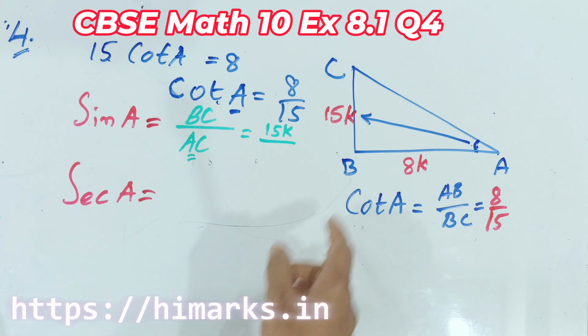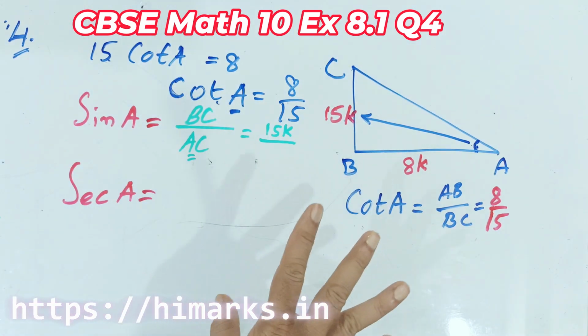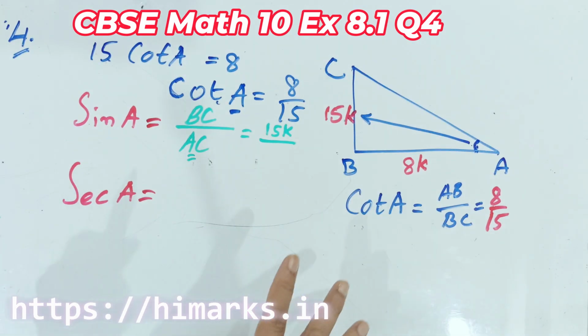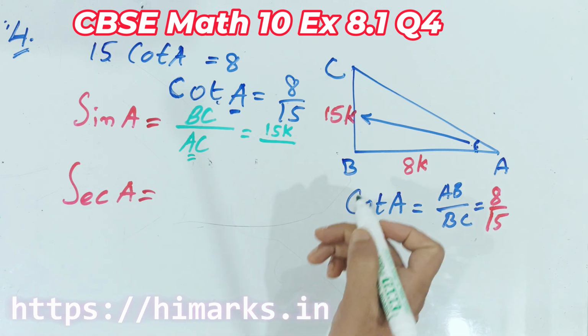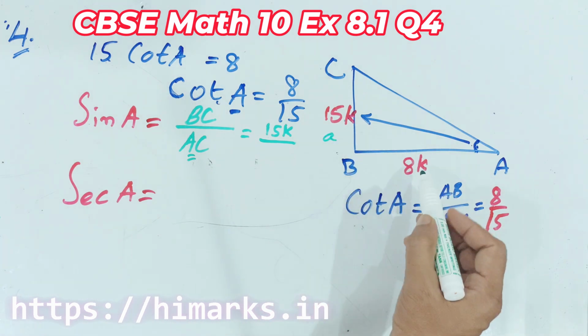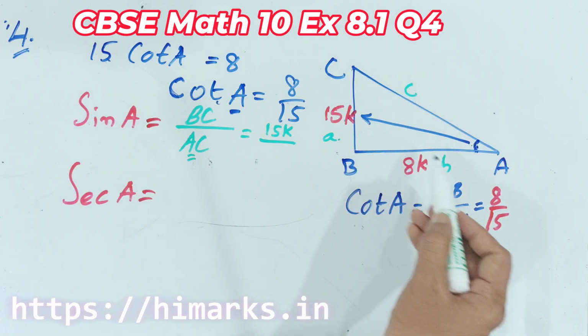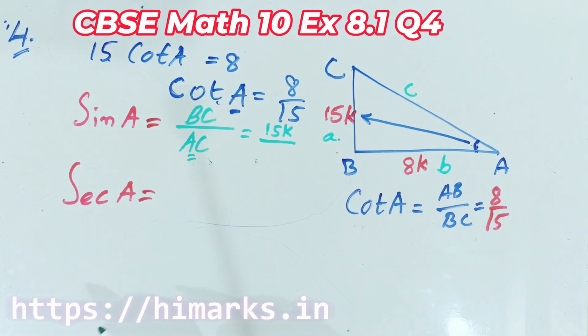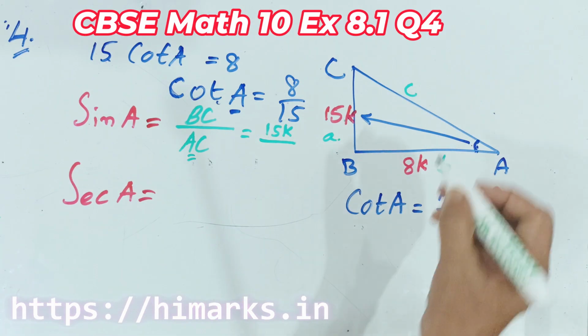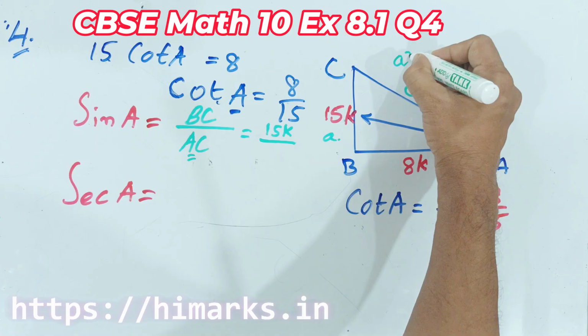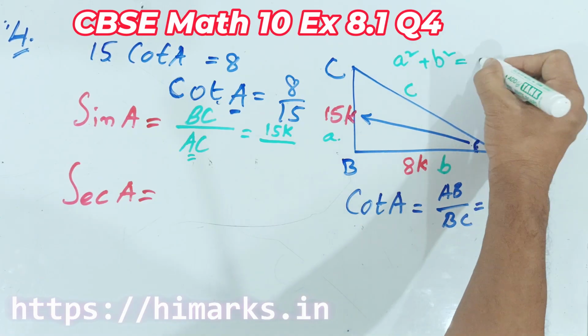To find AC, because in this chapter everything is the right angle triangle, and in a right angle triangle we know a very known property, which is the Pythagoras formula. Among these three sides, height, base, hypotenuse, we know that a square plus b square equal to c square.